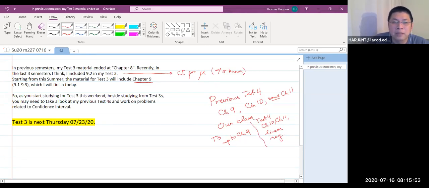That's my plan. In the past, I did not include linear regression in my test 4, and the only time students saw a linear regression problem was in the department final or in the final.